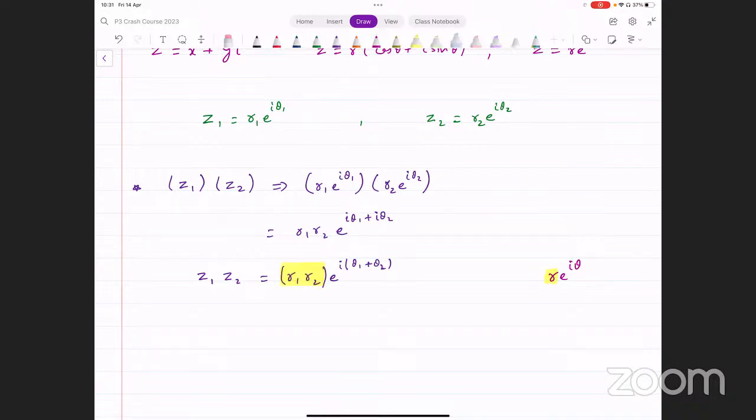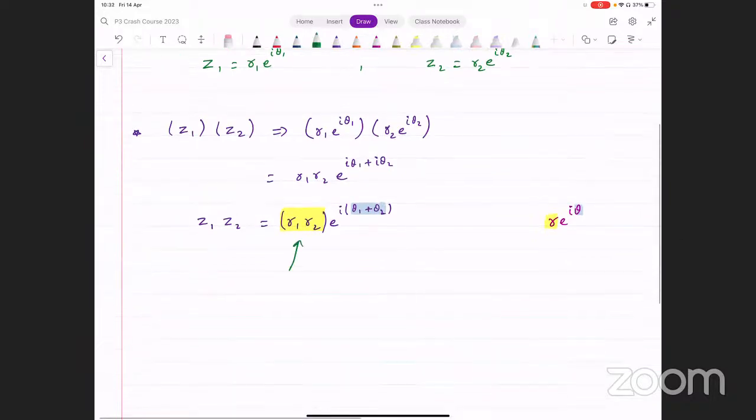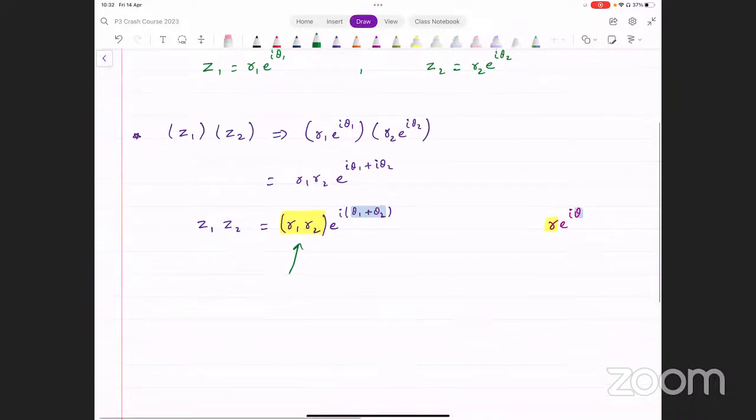And in place of theta, we have theta 1 plus theta 2 here. So for this complex number, which is the product of z1 and z2, the modulus is r1 multiplied by r2, and the argument is theta 1 plus theta 2.